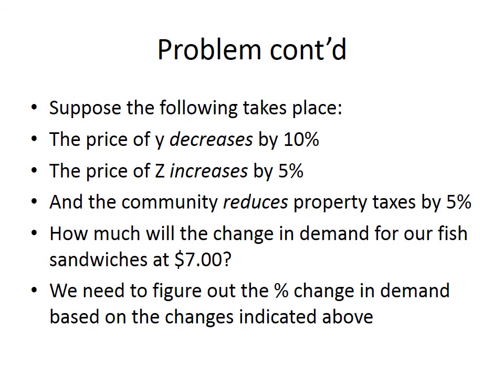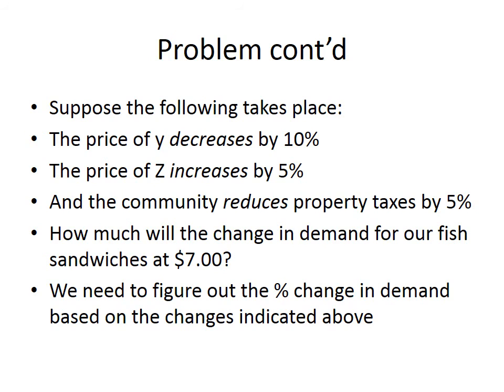All right. Now, let's suppose that the following things take place. The price of Y decreases by 10%. The price of Z increases by 5%. And the community reduces property taxes by 5%. Now, I italicize reduces. I italicize which direction these changes are going. And the reason that I point out reduces property taxes, if you remember in the previous example, we increased property tax.